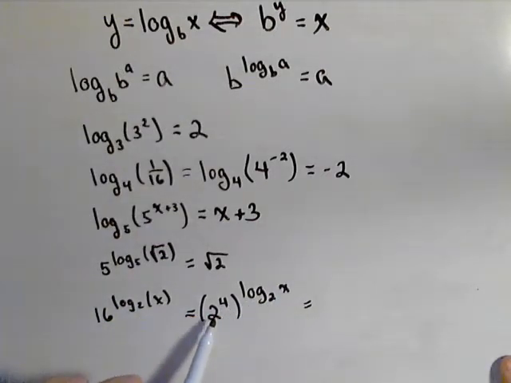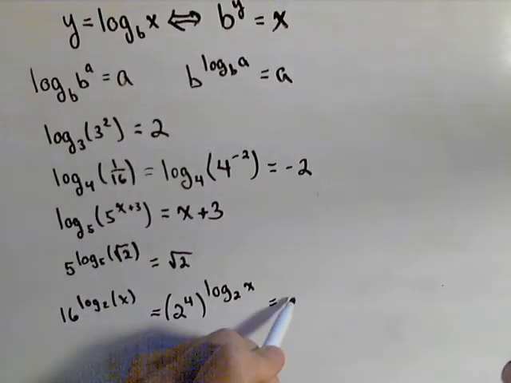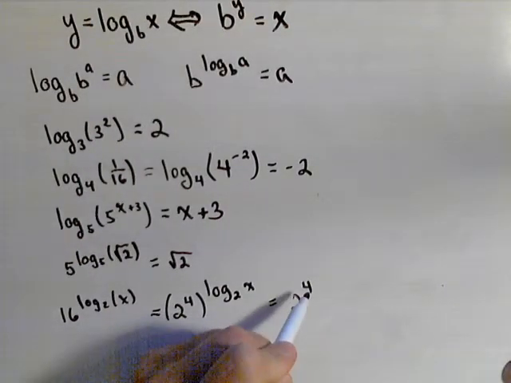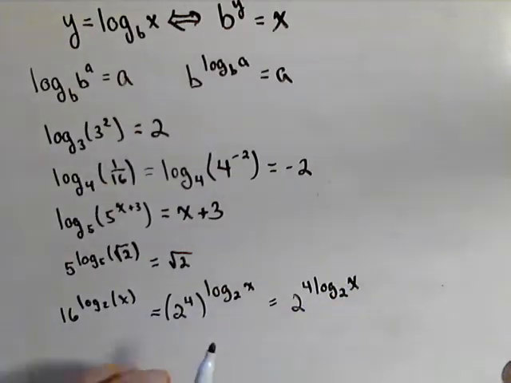Alright, we can't quite use the property yet, but what happens when we have an exponent raised to an exponent? They multiply. So this can be rewritten as 2 raised to the 4 log base 2 of x.